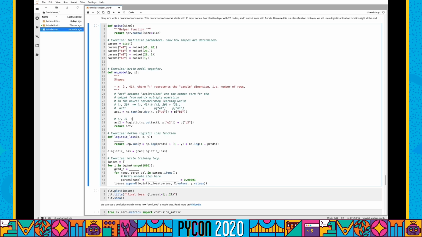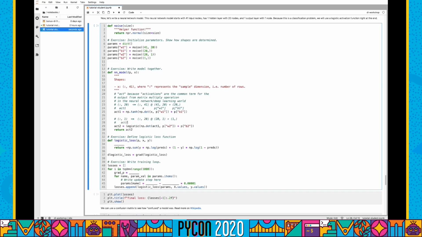It's the result of 20 by 1 plus 1 comma. This is act2. This guy is act1. P of w2 is that one over there. And this is p of b2. Right? So now we have our tensor dimensions all annotated correctly as well.